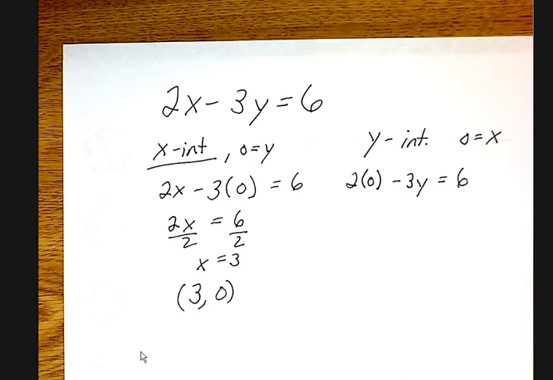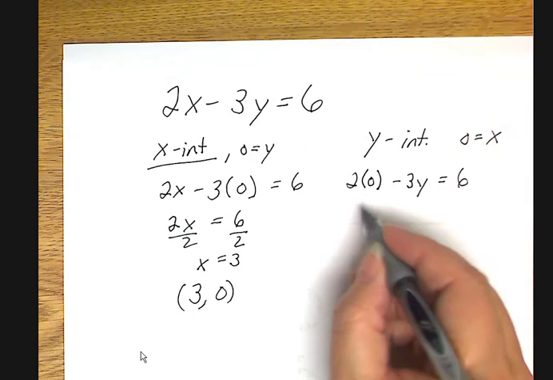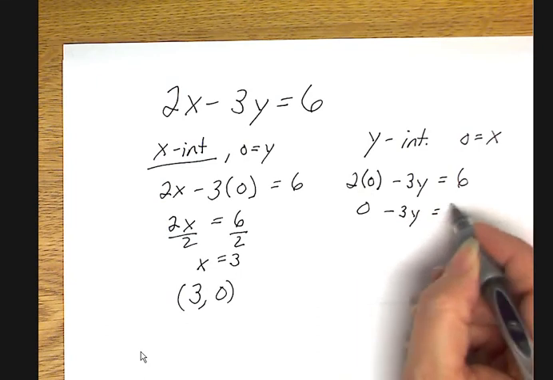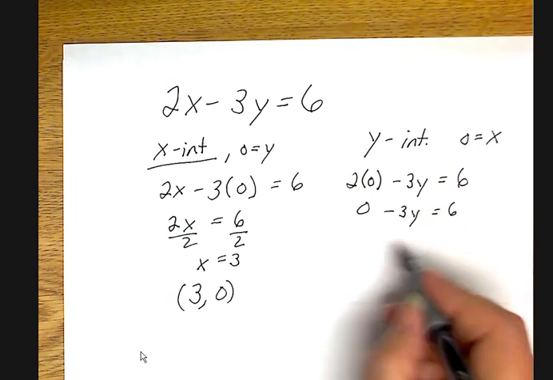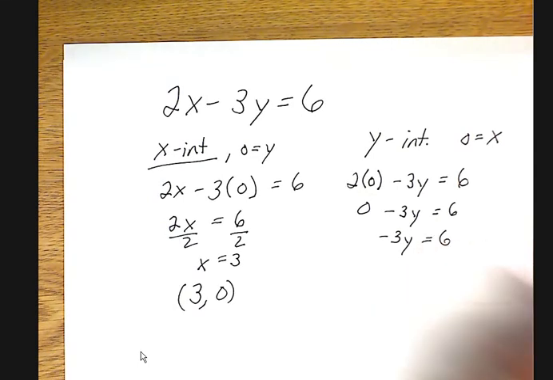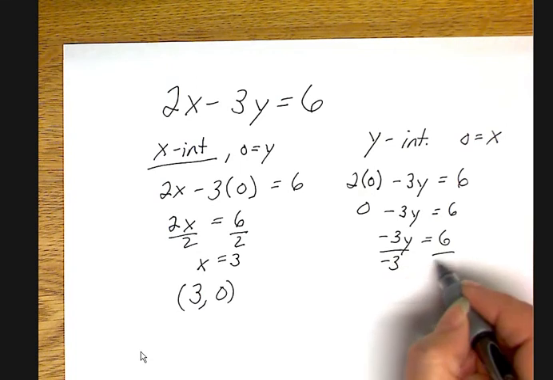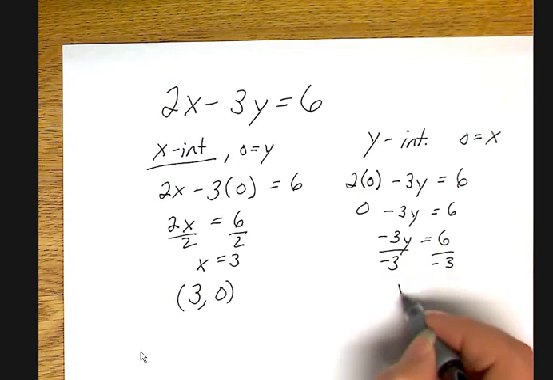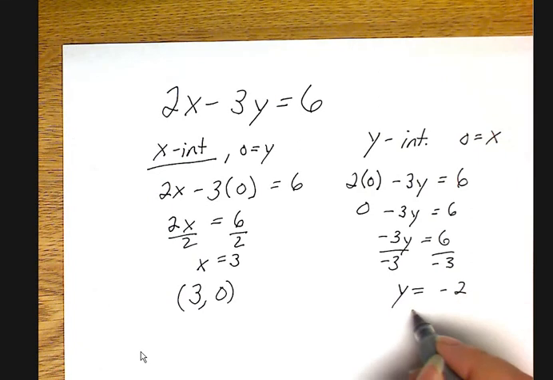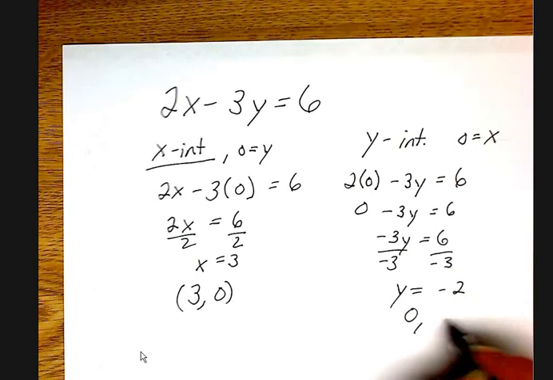If you can't, it's okay. Go 0 minus 3y is equal to 6. You can say negative 3y is equal to 6. If you still can't, divide it out. So I know my next point is 0, comma, -2.